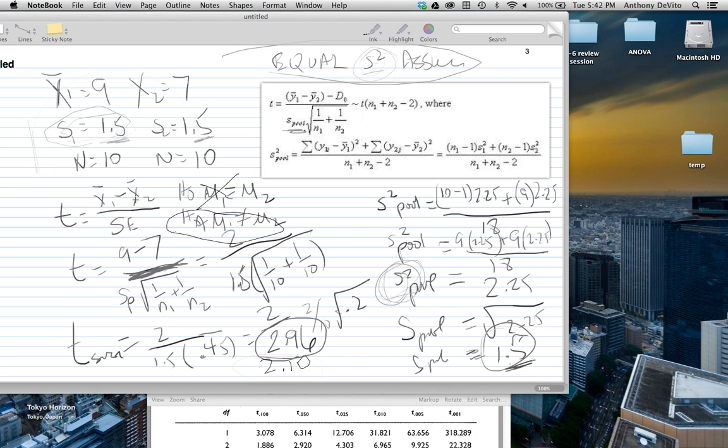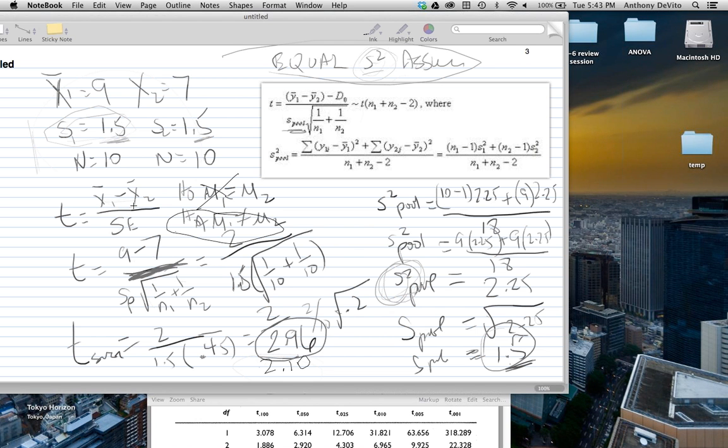So that means the difference between your two means has to be bigger, have to be further apart in order to reject your null hypothesis. I got 18 degrees of freedom. I added up sample size one, N1 and N2. They were each 10, so it's 20, minus 2 for two groups, right? So it's 20 minus 2, which is 18 degrees of freedom.